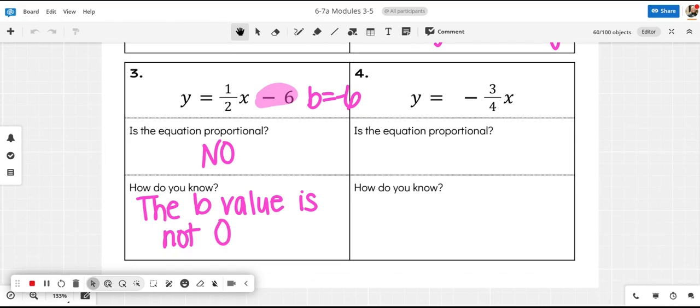Again, that's all we're looking for, a b value of 0. So number 4, looking at the b value, well, you notice there's nothing here. If there's nothing there, that tells us our b is 0. So is it proportional? Yes, because the b value is 0.